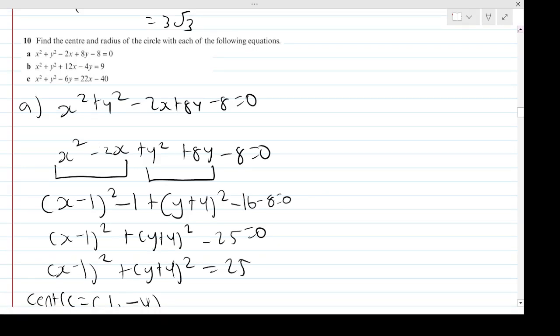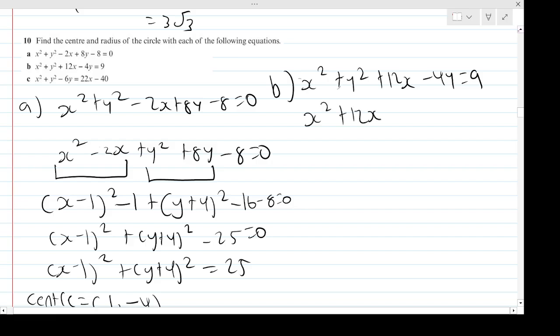Okay, part B then. We have x² + y² + 12x - 4y = 9. Again, the same idea: we need to complete the square on the x and the y parts to get this in this bracket form. So we group the x parts together: x² + 12x, then plus y² - 4y, equals 9.